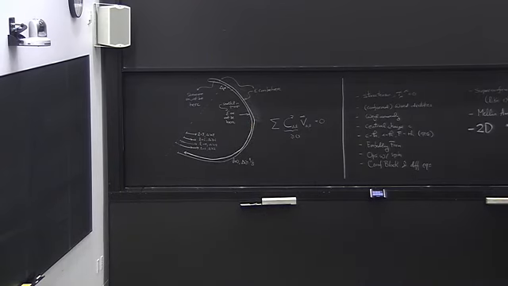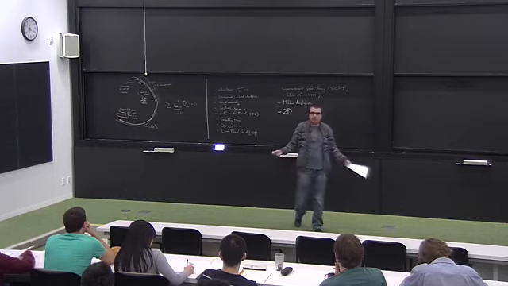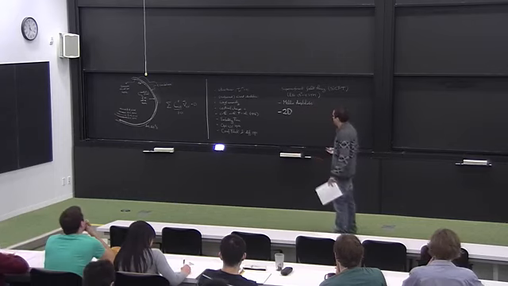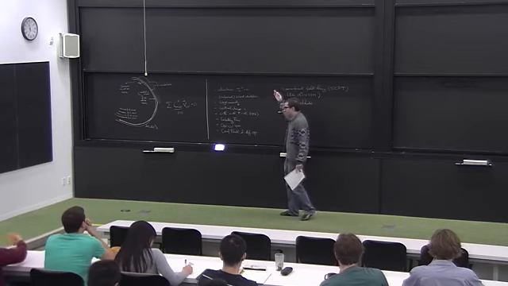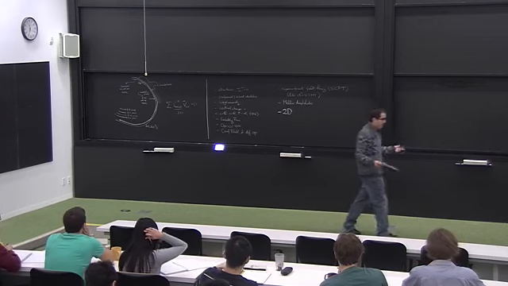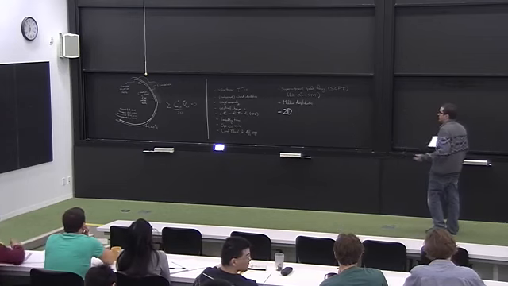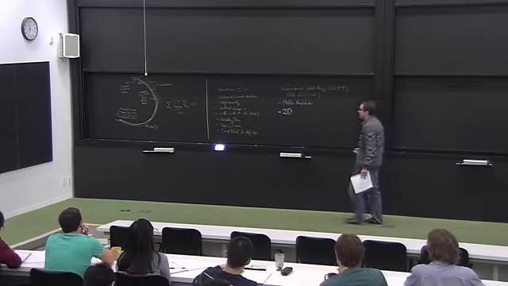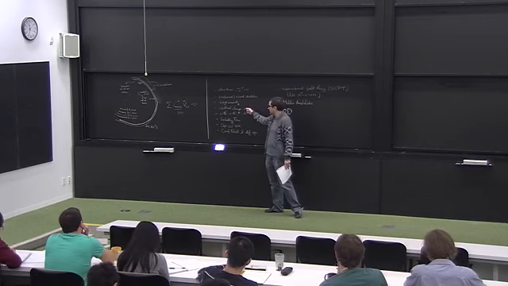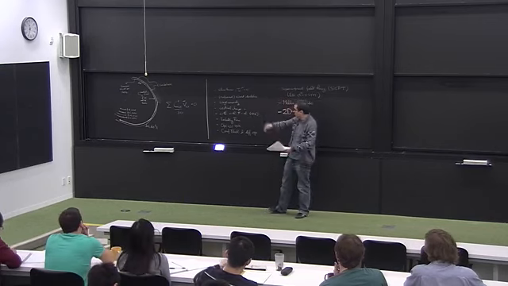So here I just listed not what we are going to do next, but what we are not going to do. This is a couple of things that we left out. This was a crash course introduction to conformal field theory. If you are interested in learning more, here are some things you might want to Google. Okay? We did not discuss some very important object, the stress tensor, and the fact that in a CFT it is traceless. We did not discuss Ward identities, Weyl anomalies, central charge, these theorems about RG flow.